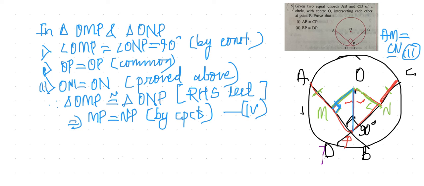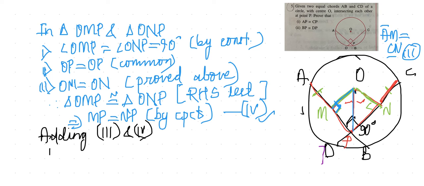So if you see, this is my equation number 3, children, and this is my equation number 4. So now what I will be writing, adding 3 and 4, children, adding equations 3 and 4. So what is my equation number 3? I have got that AM is equal to CN.